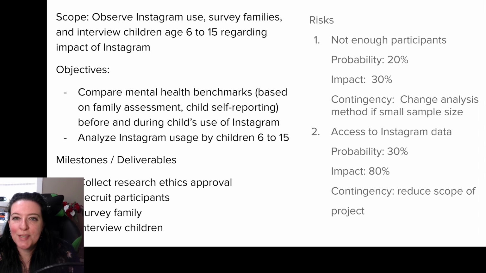And so the contingency plan is to reduce the scope of the project. We would remove that second objective and simply look at the family assessments and the child reporting from the questions that we ask. So you can see here that a research project follows the project management process.